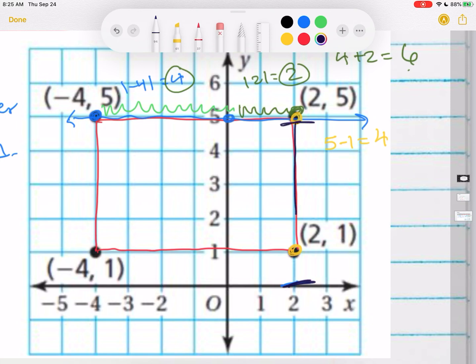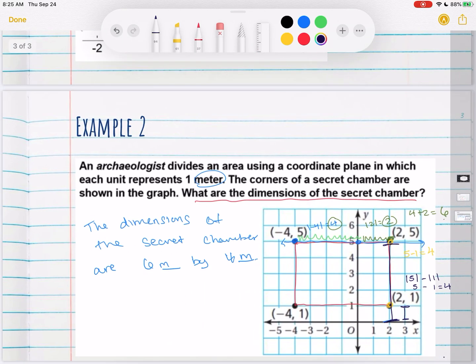This length goes from 0 to 5, so the absolute value of 5, and then we subtract this length, which is the distance from 0 to 1, the absolute value of 1. The absolute value of 5 is 5, the absolute value of 1 is 1, so 5 minus 1 is 4. And again, we'd get the same answer.